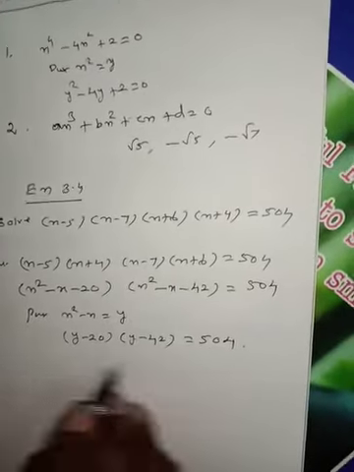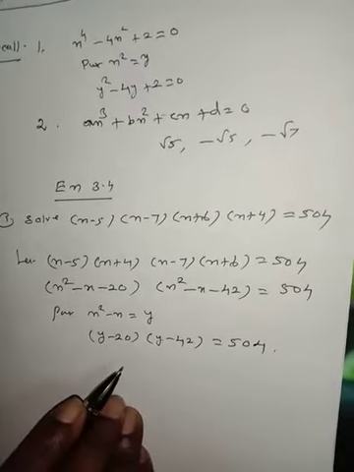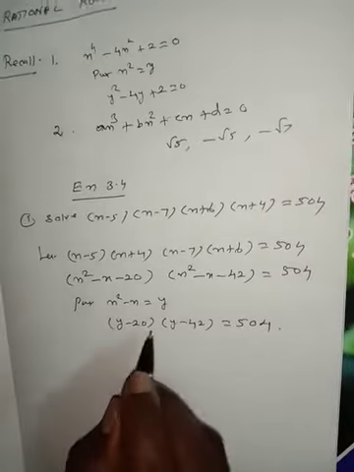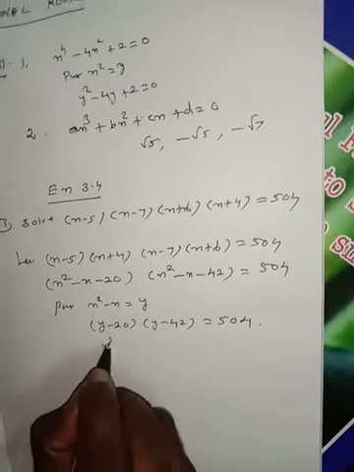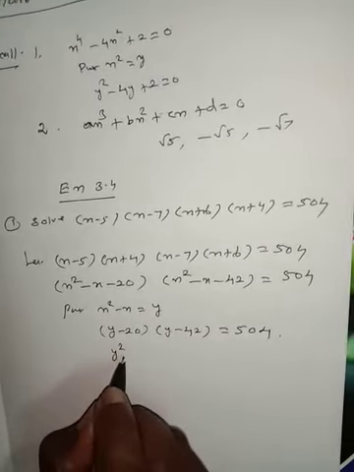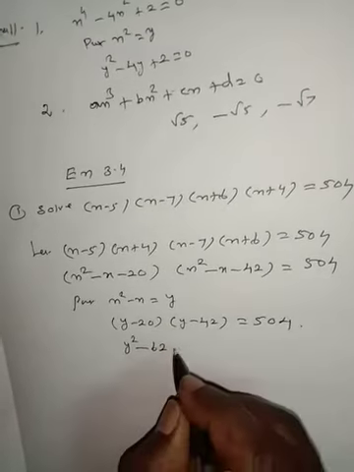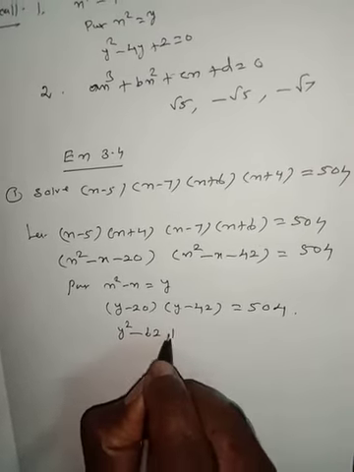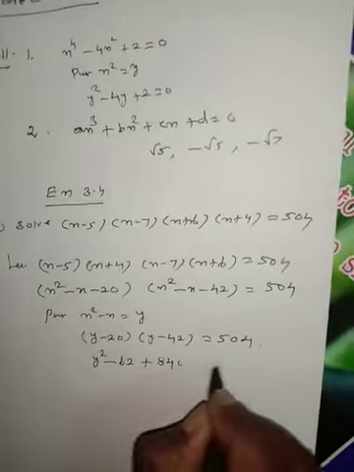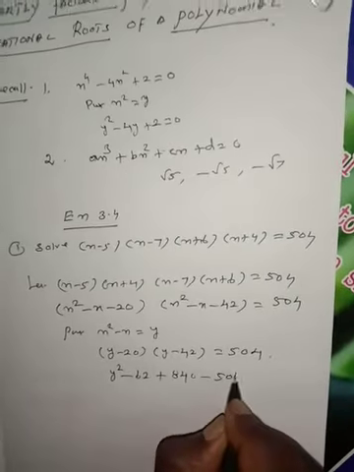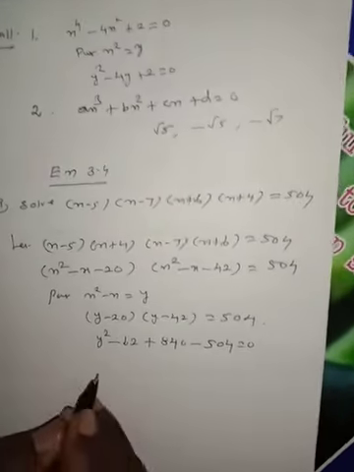This is partly factorized. The product gives y square minus 62y plus 840 minus 504 is equal to 0.